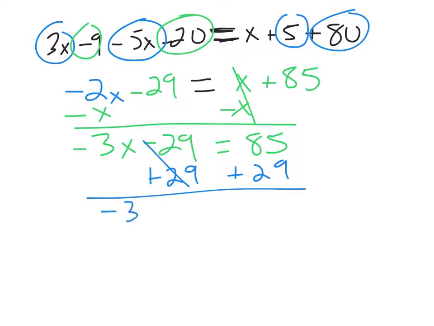So negative 3x is equal to, looks like 124. Then to completely solve that, I will divide both sides by negative 3 to get x by itself on the left, and do the same thing over on the right. And 114, I'll just double check it, but yeah, 114 divided by 3 is 38. So that would be, oh, it should be negative 38 then, shouldn't it?